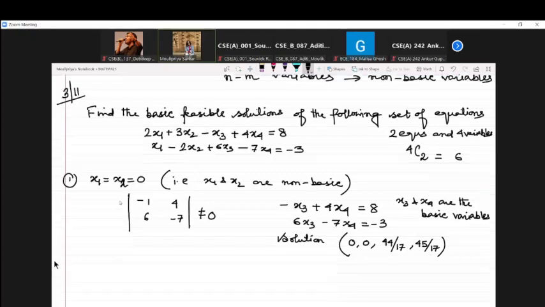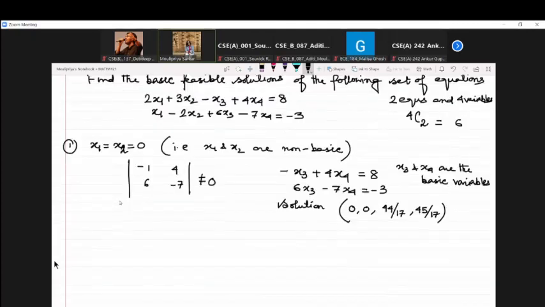Now, see, as the question demands, you are required to figure out all the possible basic feasible solutions. So the next set can be, once you consider x1 and x3 as the non-basic variables. Am I right? Are we okay with the logic of mine? Yes, ma'am. Fine.